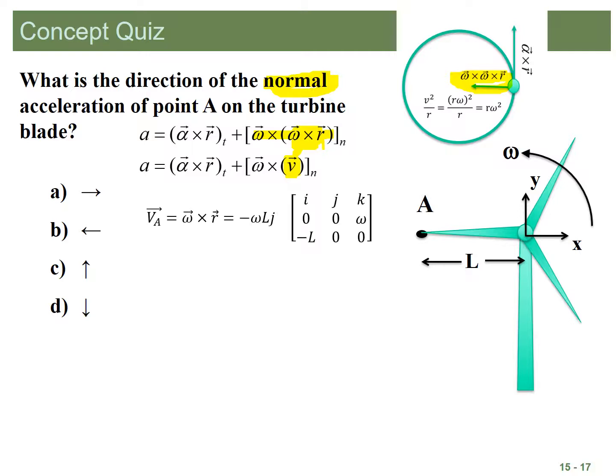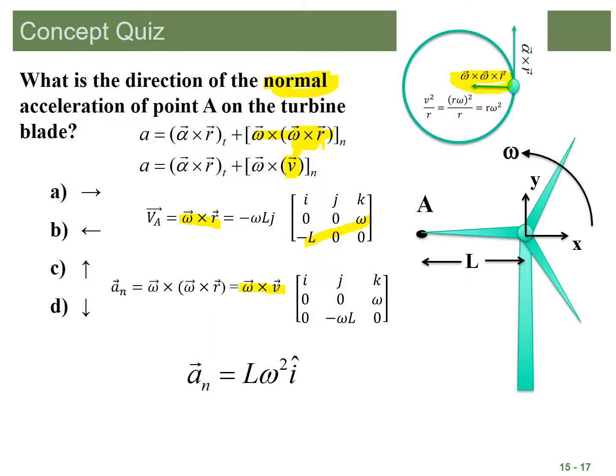Okay, so here's what we had for our velocity. So omega cross r, you end up with negative omega L in the j direction. One more step, so omega cross v, so here's our omega, here's our velocity, and that is going to give us, remember it's 0 times 0 minus omega cross negative, so it ends up being positive.